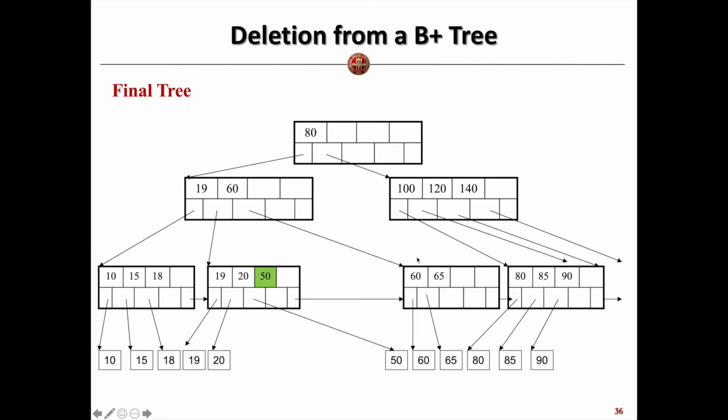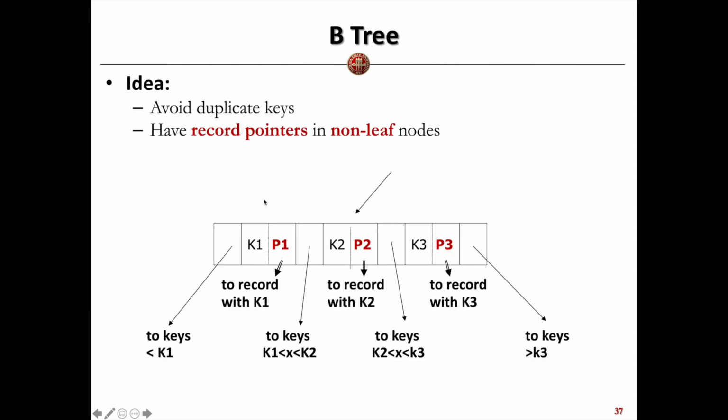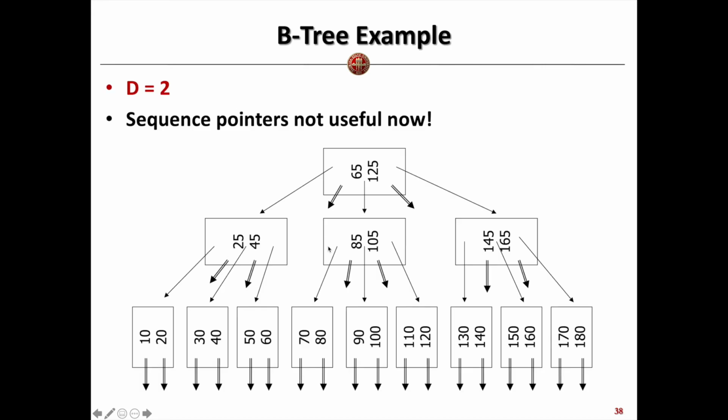In the B plus tree, we organize the pointers into two different kinds of nodes, the leaf nodes and the internal nodes. In the B tree, we put them all together into one node. This will allow the B tree to have pointers pointing to concrete data tuples in all the nodes inside its structure.